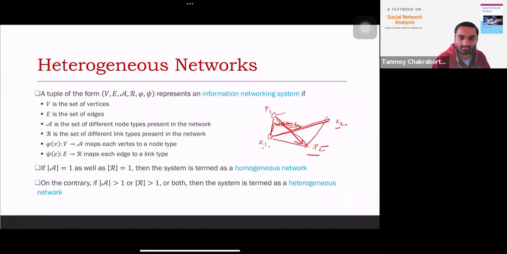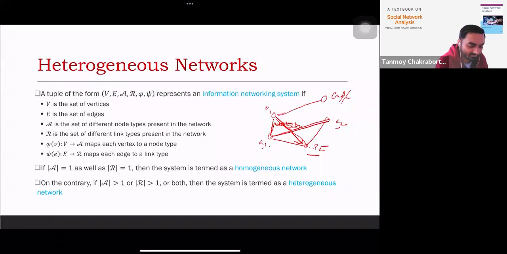Okay. So you see that there are three kinds of edges: written by, cited by, co-authored. So edges are heterogeneous, and nodes are also heterogeneous because nodes are of different types. You can also add another type of node, which is called venue or conference or journal, and you can add an edge from P1 to that conference.